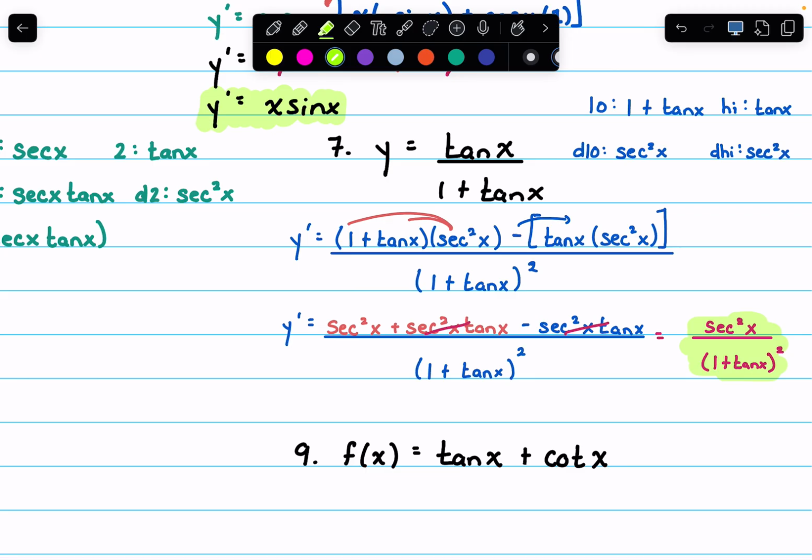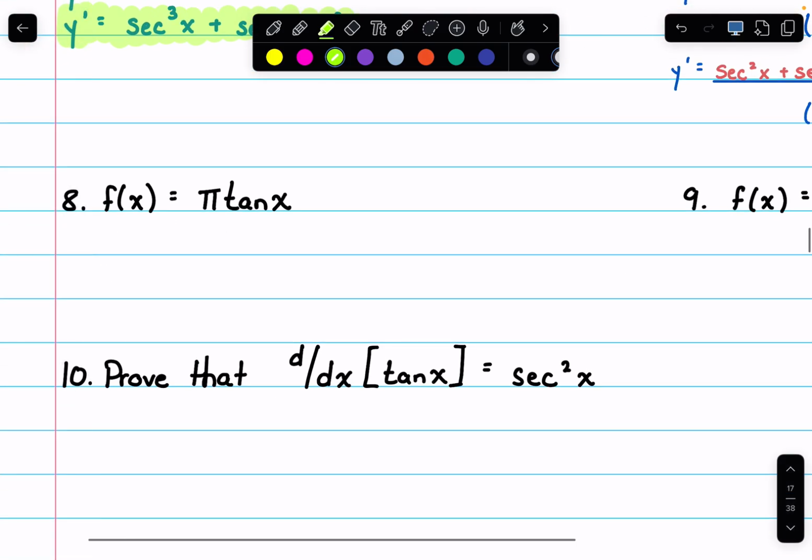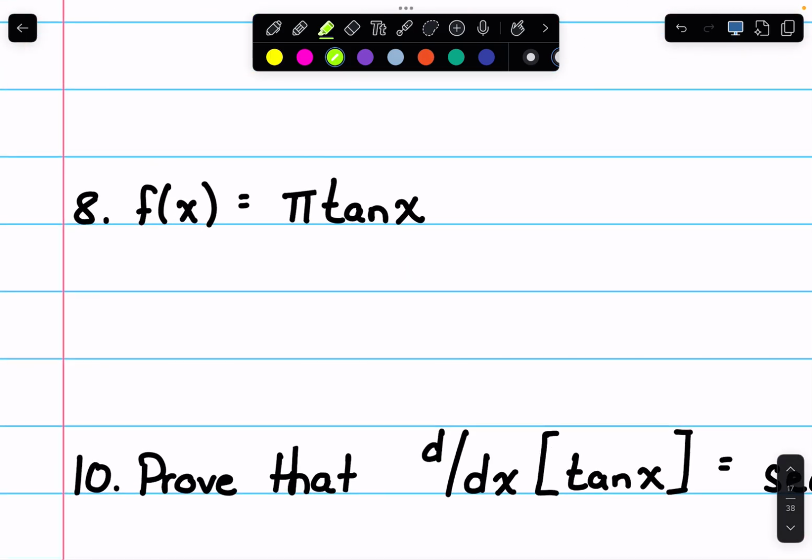Feel okay about the quotient rule using trig? Okay, couple more. Okay, pi is just a number, right? It would be the same thing as if I had written 5 tangent x. Okay, so my pi doesn't go anywhere.